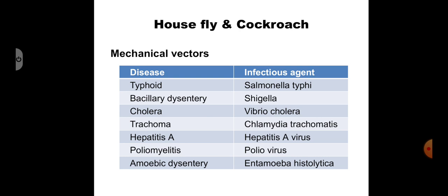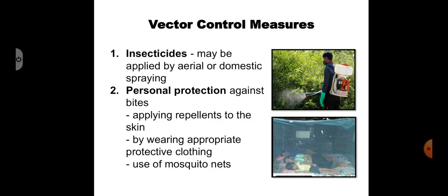These are the bacterial diseases, and some viral diseases are hepatitis A virus infection and poliomyelitis, and parasitic infections are amoebic dysentery caused by Entamoeba histolytica. Arthropod-borne diseases and zoonotic diseases are commonly asked questions in the exam.